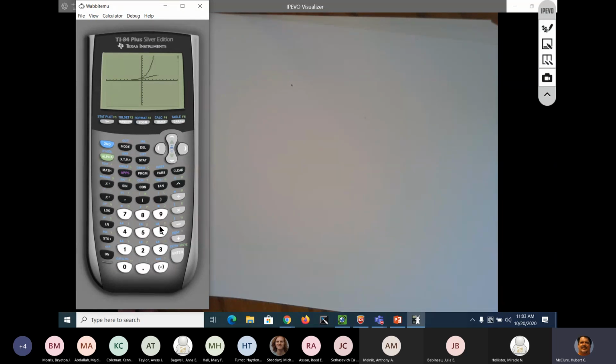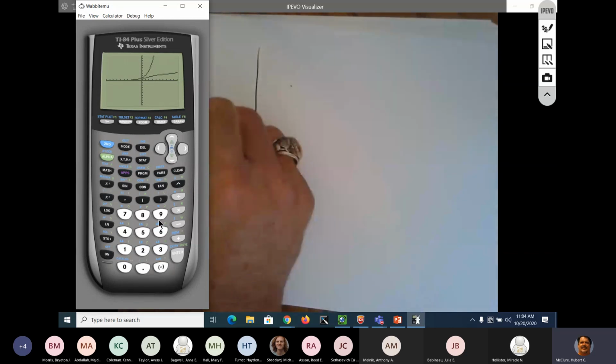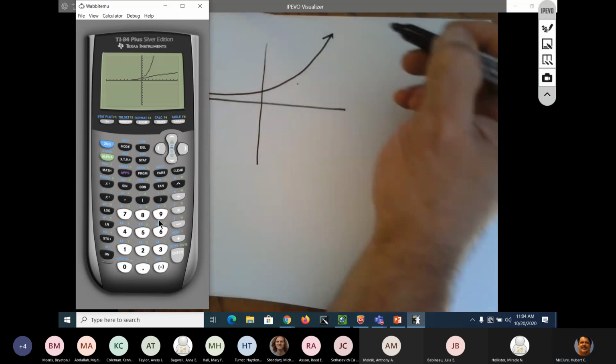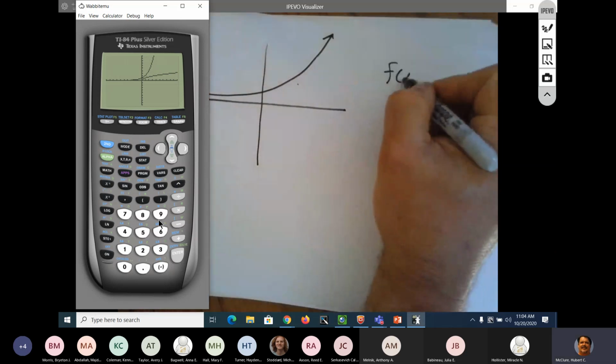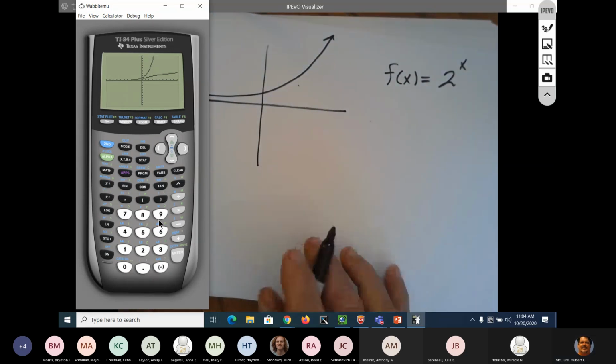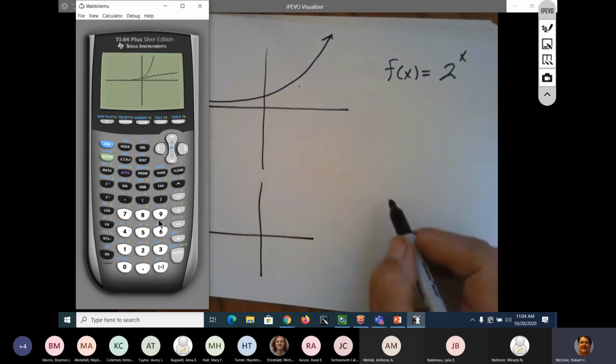There's the, and there's the, they're kind of like inverses, almost inverses of each other. So you would add this to your family of graphs. That's f of x is equal to 2 to the x power. And y is equal to the square root of x.